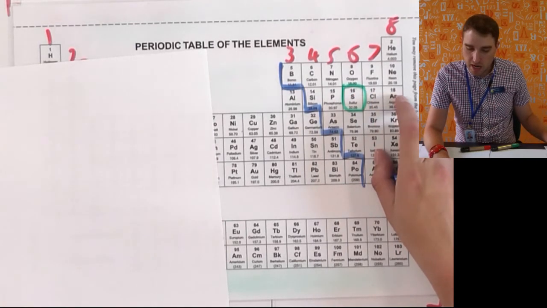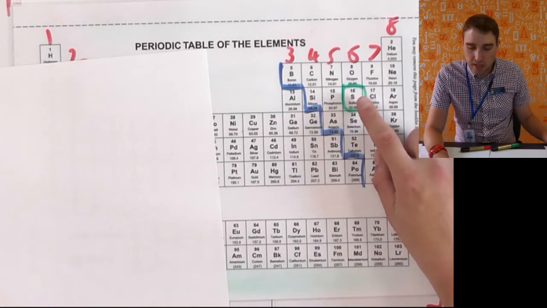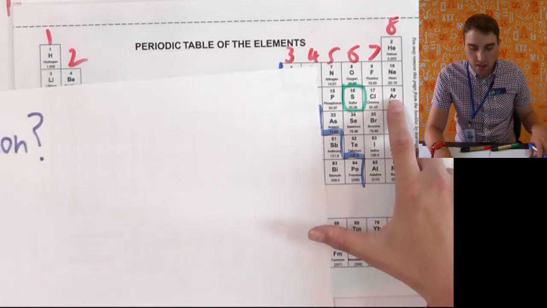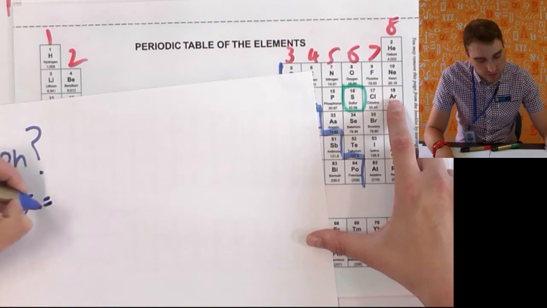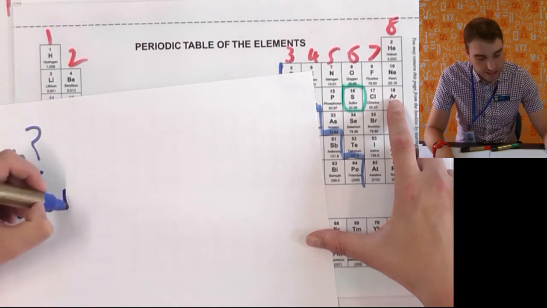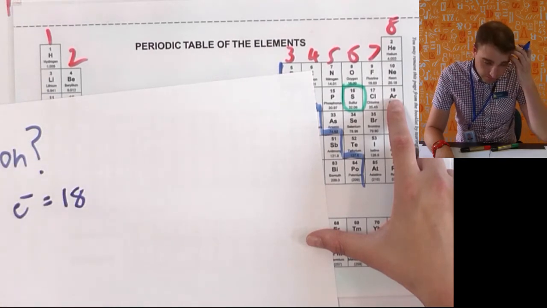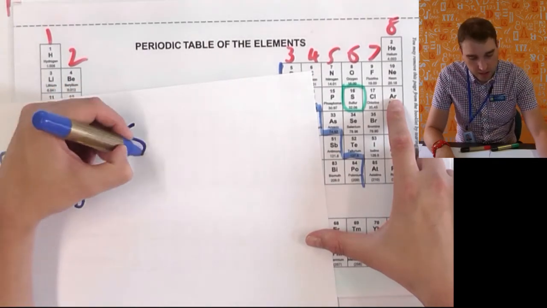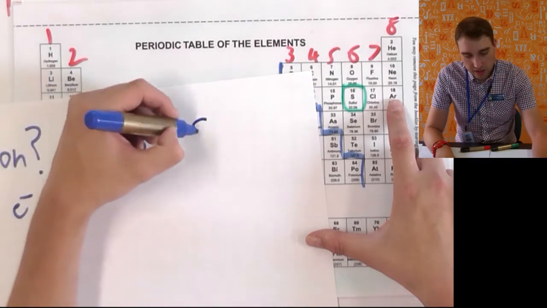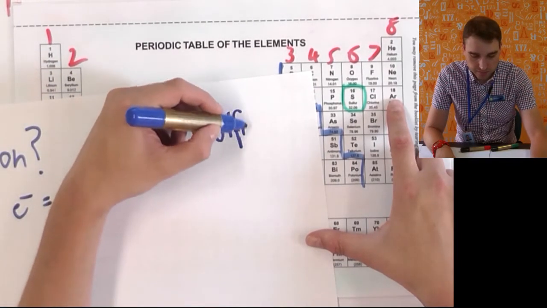So if we're trying to figure out how many electrons the sulfur ion would be, we have to go 16, 17, 18. It's going to gain 2 electrons. This electron here and this electron here. And that will give it a charge of -2. So its number of electrons would be 18. Okay? So we've got 2 more electrons than we have protons, so that will give it a charge of -2. That would be called the sulfide ion.